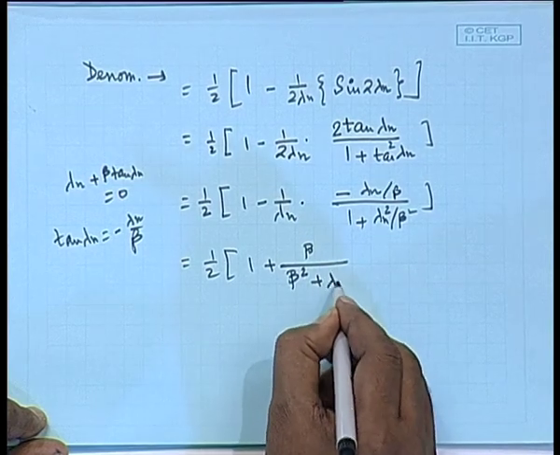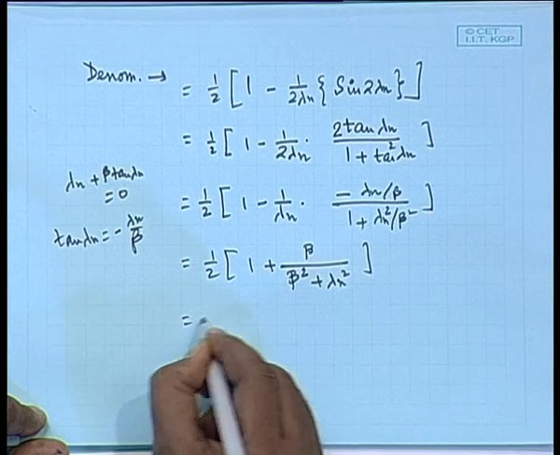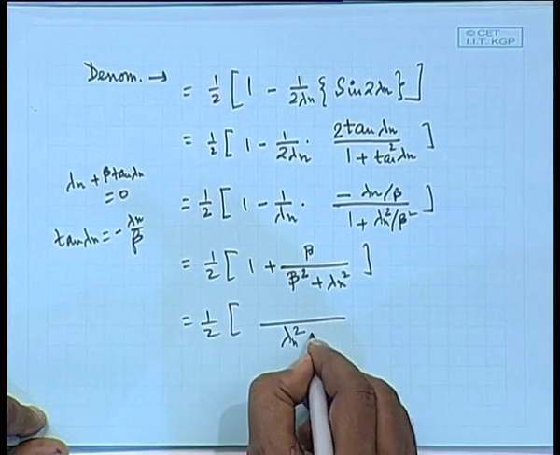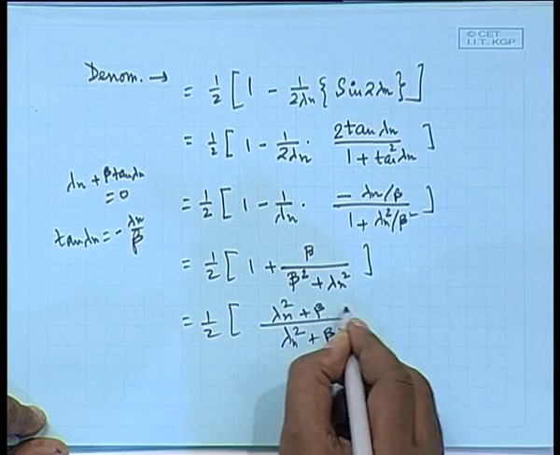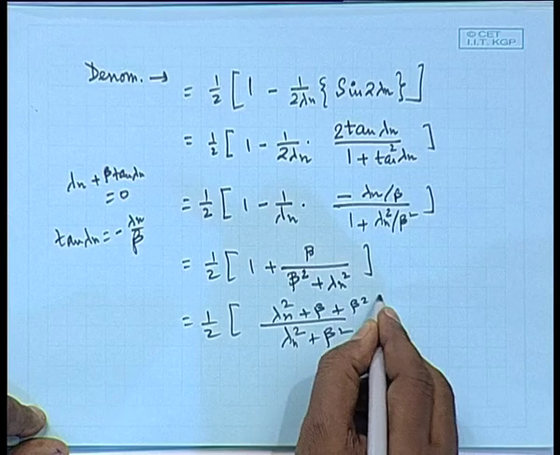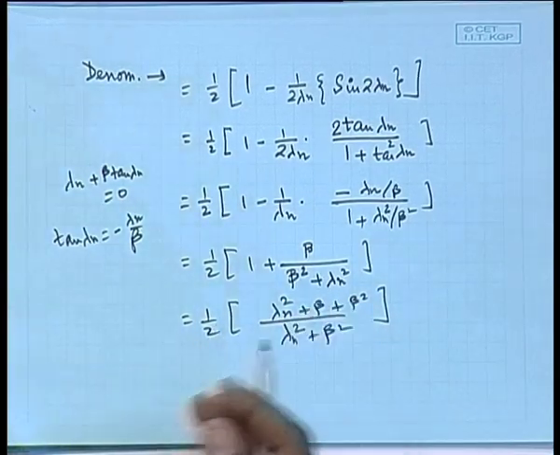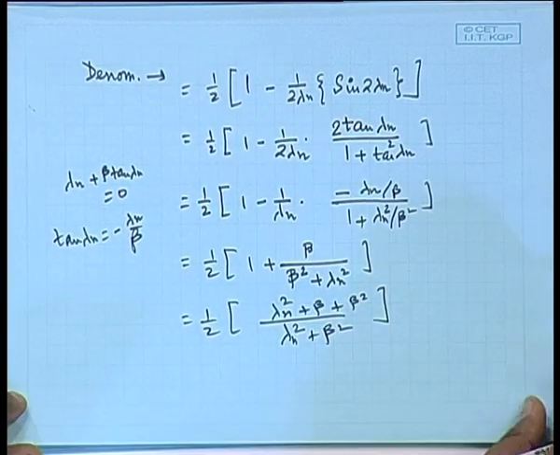Beta square plus lambda n square. Right. So we will be having half lambda n square plus beta square, lambda n square plus beta square. Okay. So this will be the simplified form of the denominator.